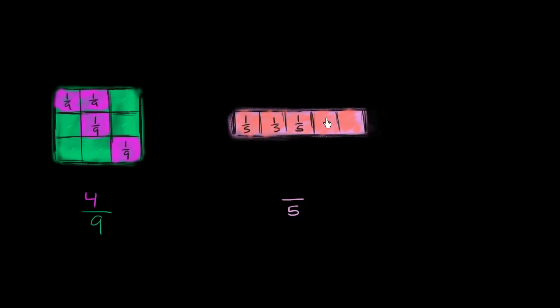So 1/5, another way of saying that is a 5th. But now how much do I have shaded in? Well, I have 5 out of the 5 equal sections shaded in, or I have 5/5 shaded in. And you might be saying, wait, if I have 5 out of the 5 equal sections shaded in, I've got the whole thing shaded in. And you would be absolutely right. 5/5 is equal to the whole.